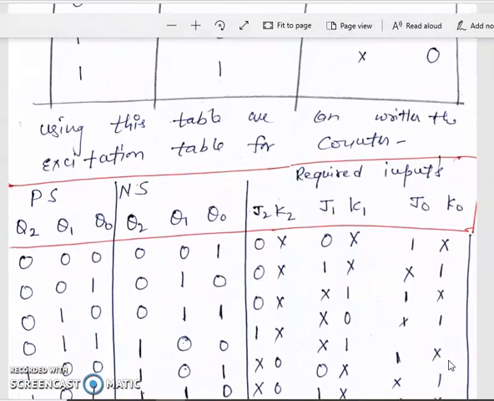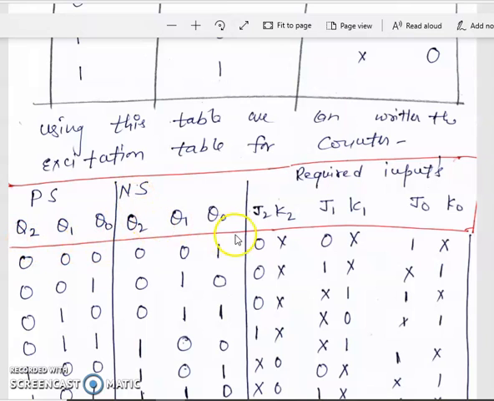Okay, the counter has three flip-flops, so we have 3 present states and 3 next states, and we require 3 inputs for the 3 flip-flops. Here: present state, next state, and the required inputs. Present state for the flip-flops is Q0, Q1 and Q2.